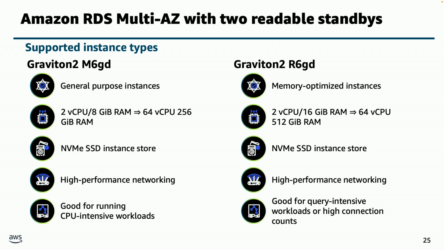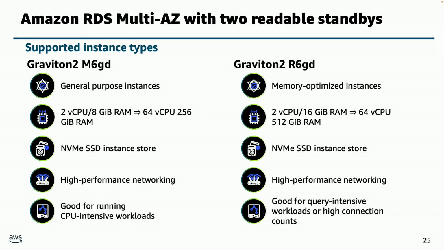As you see here, for general purpose you have up to 256 GB of RAM and 64 vCPUs. For the memory optimized instances, we have from 16 GB up to 512 GB RAM, and from 2 vCPUs up to 64 vCPUs currently available for these options.